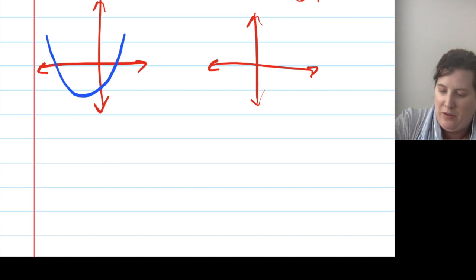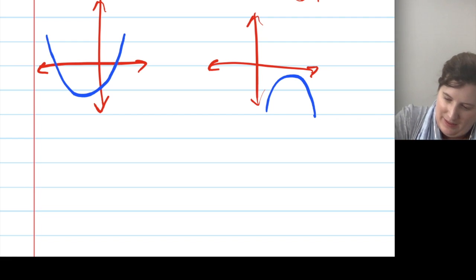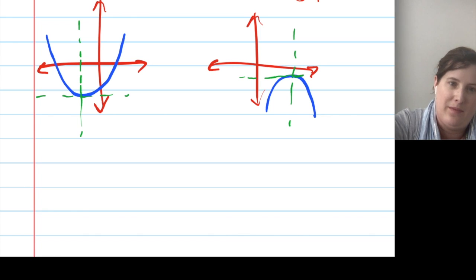And maybe my other one is just a bit of a sad one. There we go. And we figured out the axis of symmetry. And it's down here that we're trying to find.